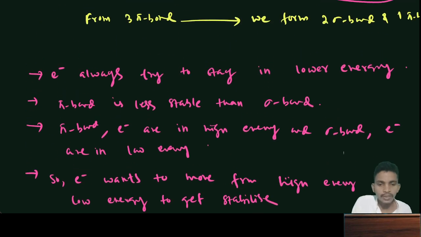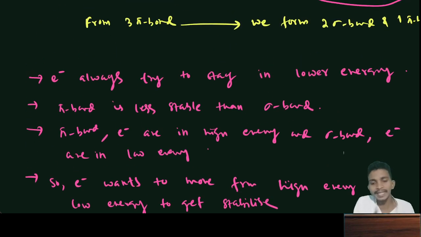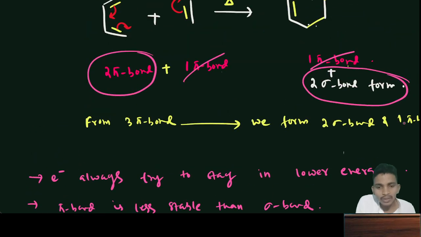That is the reason that if you give simply heat, they do these reactions, because the electrons in the pi bonds want to stay in the sigma bonds, they want to go to the low energy. So if you give simply heat, then these reactions will happen.